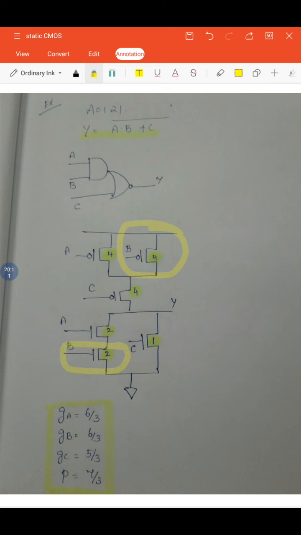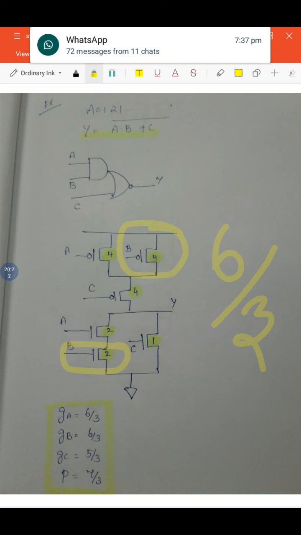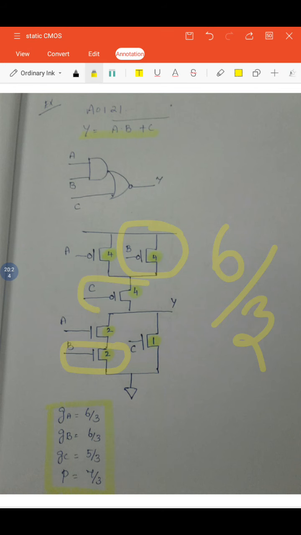So the input capacitance is 6 divided by the inverter's capacitance 3, so we get 6 by 3. Similarly for C, the PMOS size is 4 and the NMOS size is 1. So 4 plus 1, 5 divided by 3, the inverter's input capacitance.